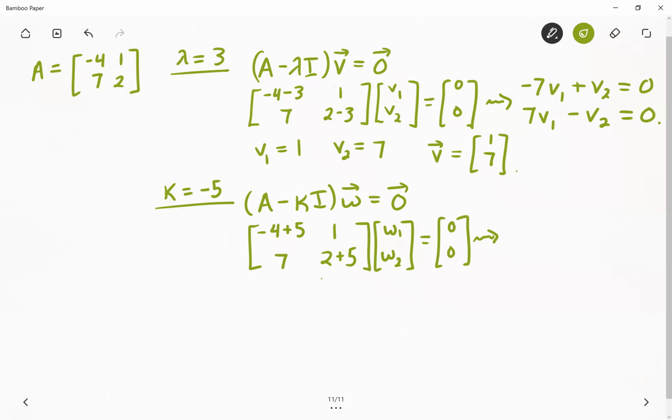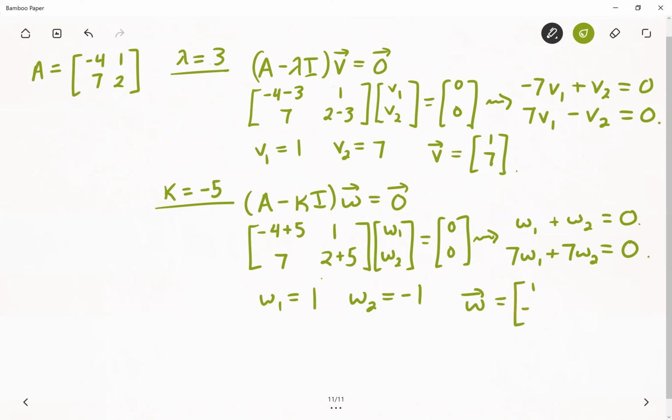Turning this into a system of equations, we'll get w1 plus w2 equals 0, and 7 times w1 plus 7 times w2 equals 0. Got that nice redundancy in the equations there. So I'll pick perhaps w1 equals 1, w2 must therefore equal -1, and that gives us our next eigenvector, 1, -1.